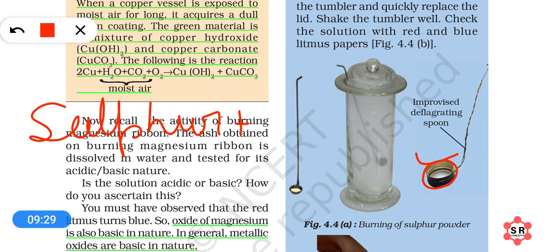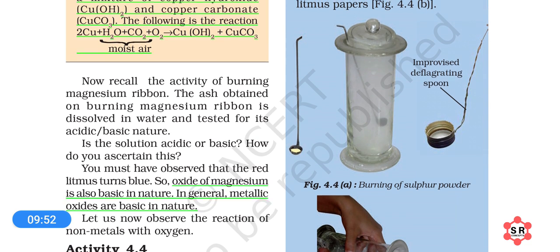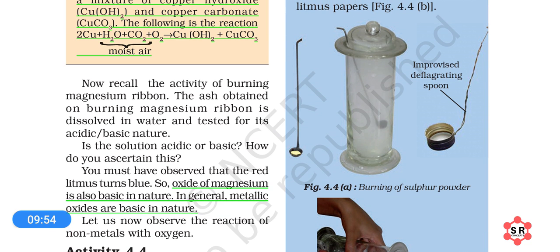As soon as the sulfur starts burning in this spoon, we will put this spoon inside this glass box, something like this, and immediately put the cap over it so that the gases and fumes produced while the sulfur is burning do not escape from this box.